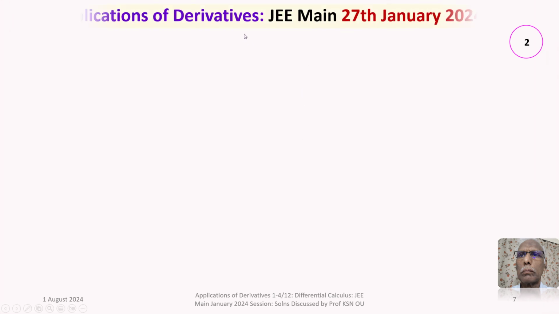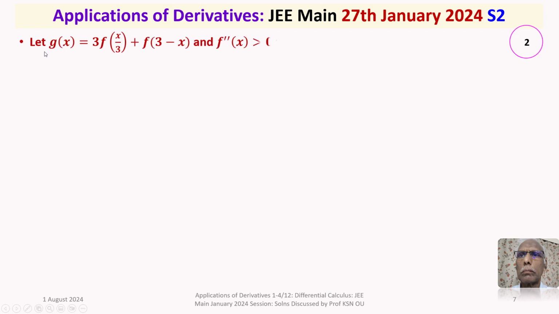So this question has appeared in the JEE Main exam held on 27 January 2024 in the second shift. The given problem is, let g of x is equal to 3 times f of x by 3 plus f of 3 minus x and f double prime x greater than 0 for all x belongs to the open interval 0 to 3.